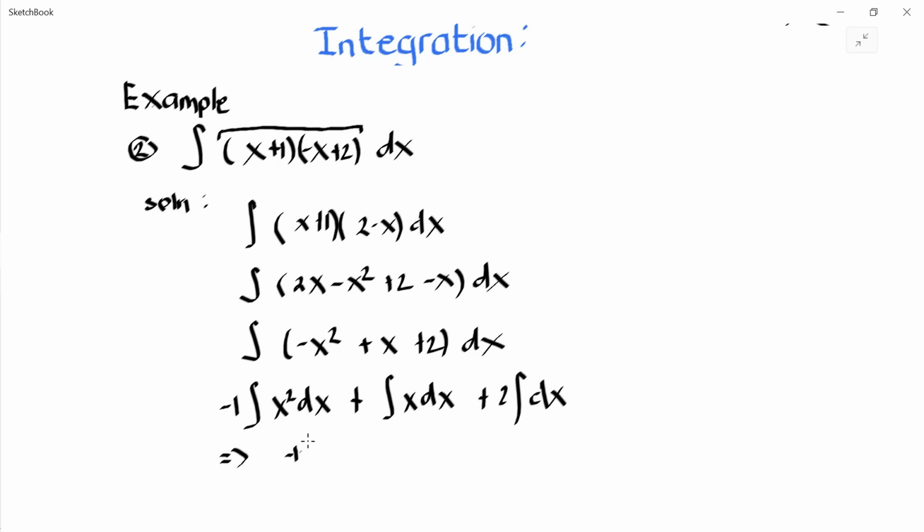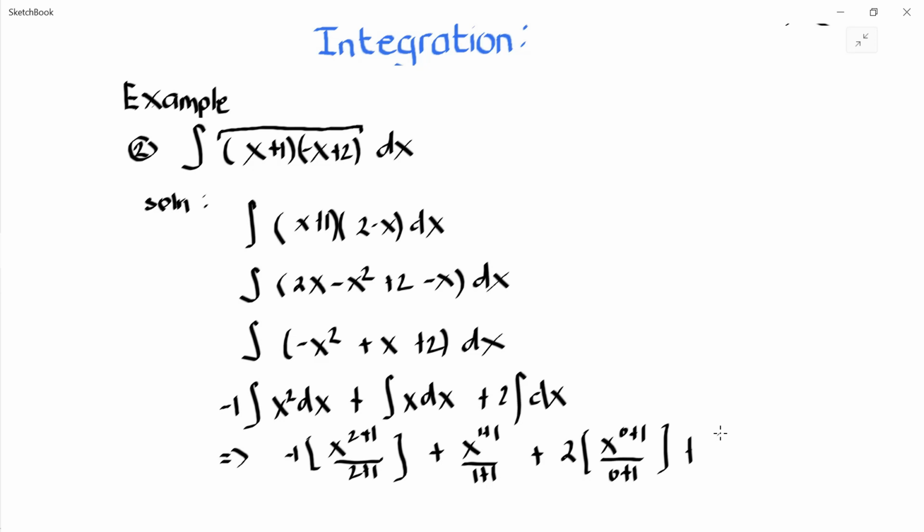We will get negative 1 x raised to 2 plus 1 all over 2 plus 1 plus x raised to 1 plus 1 all over 1 plus 1 plus 2 multiplied by x raised to 0 plus 1, 0 plus 1 plus some constant c.